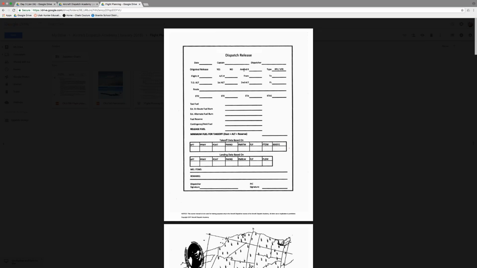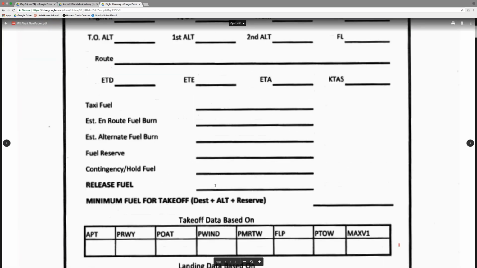If it's an amended release, so do you guys remember the difference between an original release and an amended release? I can't say I do. Oh, let me zoom in here too. Sorry, guys.